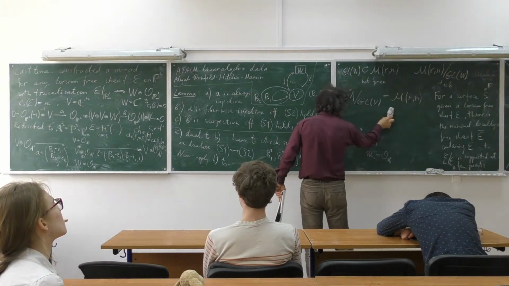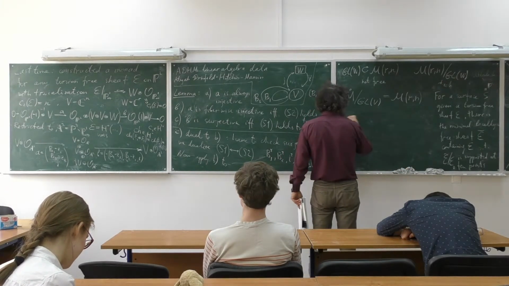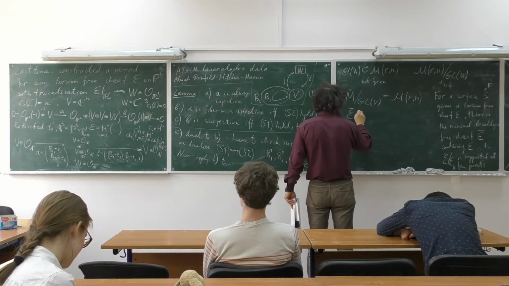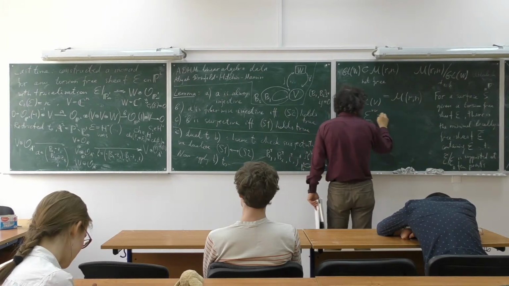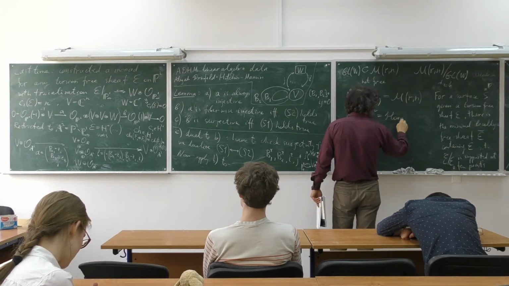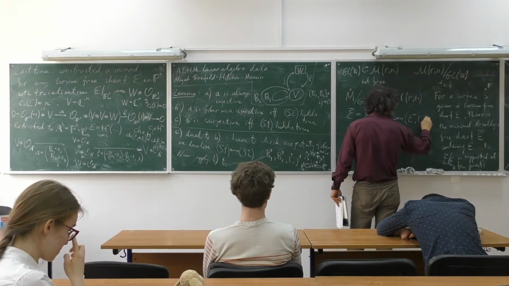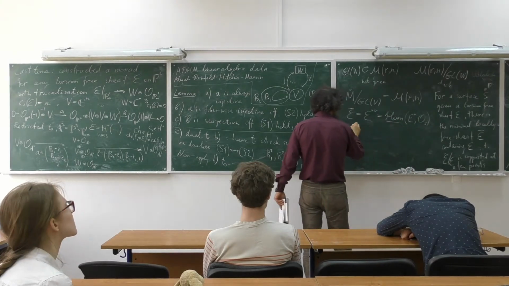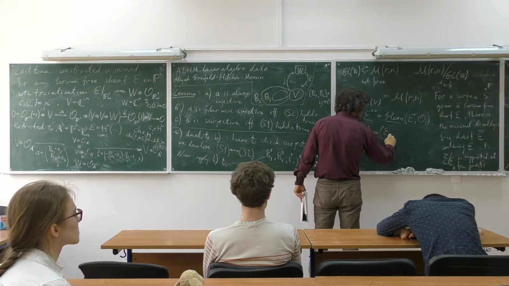E tilde can be constructed in two ways. One construction is E double dual. So it's local Hom from E dual to the structure sheaf, and E dual is local Hom from E to the structure sheaf.